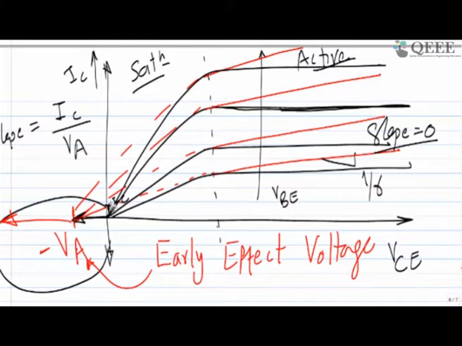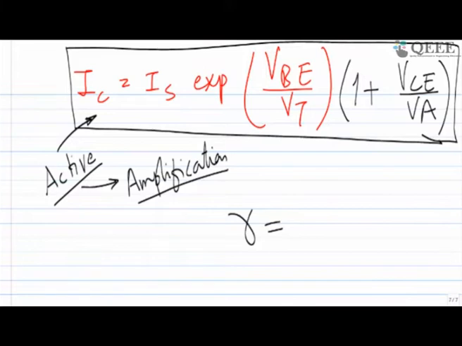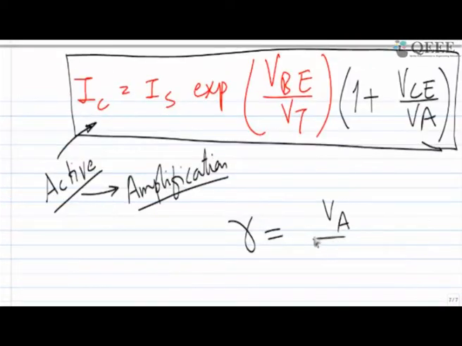Because y2 minus y1 over x2 minus x1, so IC by VA, and that slope is equal to 1 by R, and this R can be found out as VA by IC. So this is a very important thing.